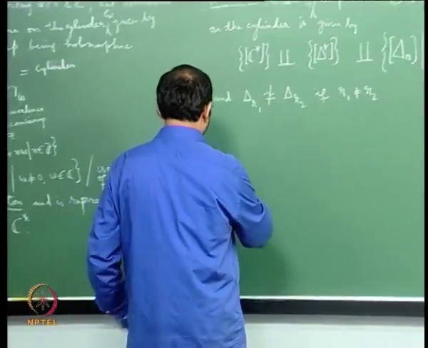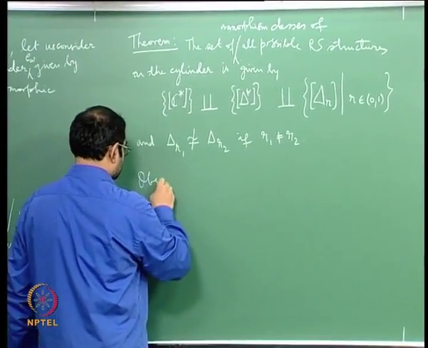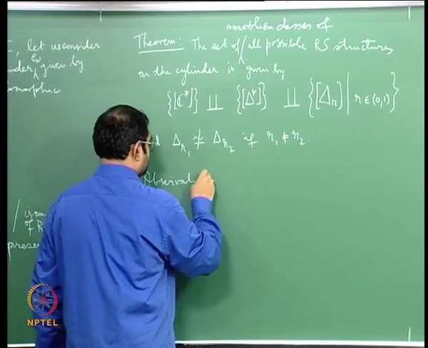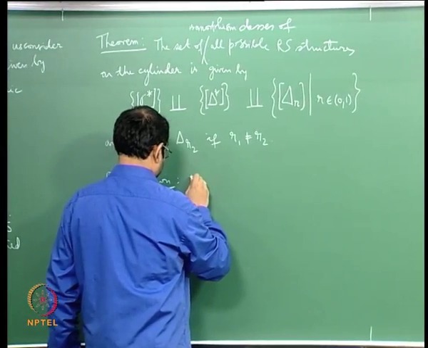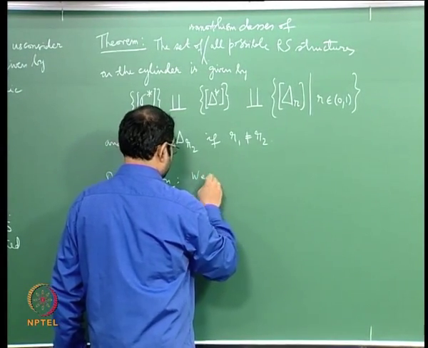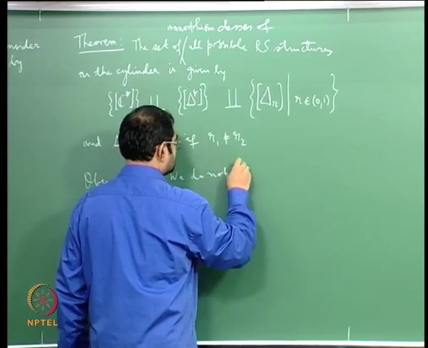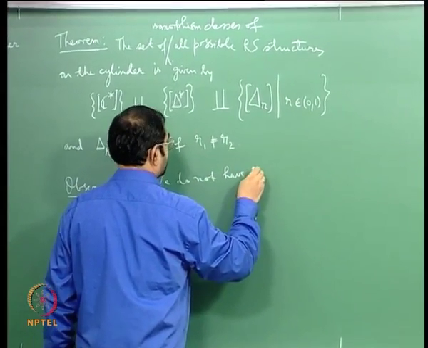So this is the observation. We do not have biholomorphic maps.